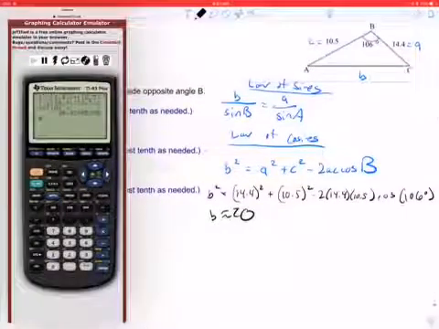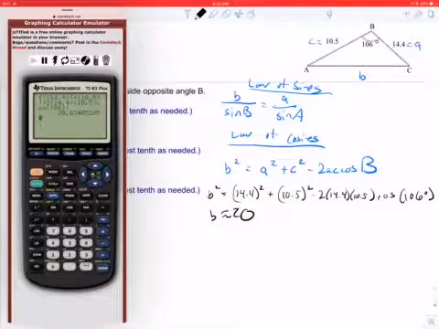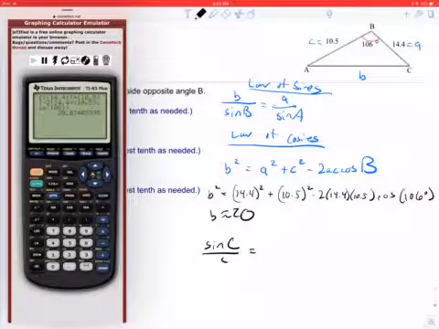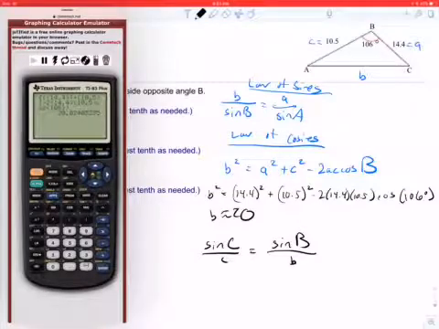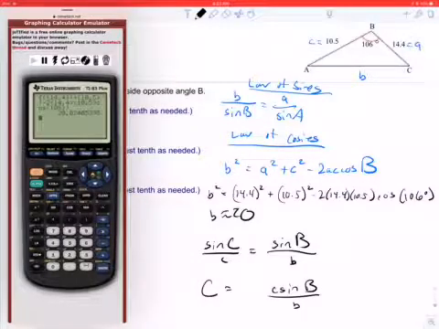If I'm using the law of sines and I want to find angle C, then the sine of C over C equals the sine of B over B. So angle C is going to be the inverse sine of C sine of B over B.